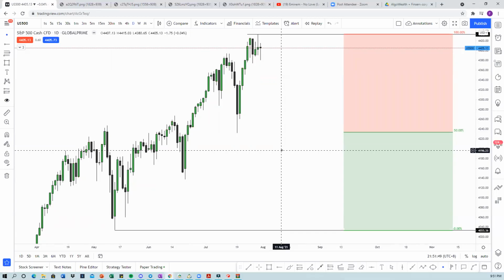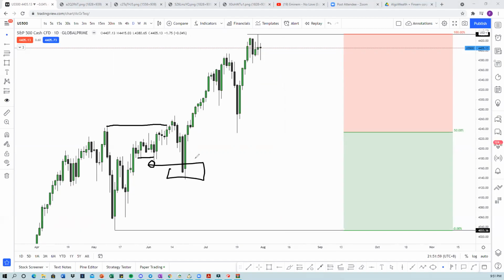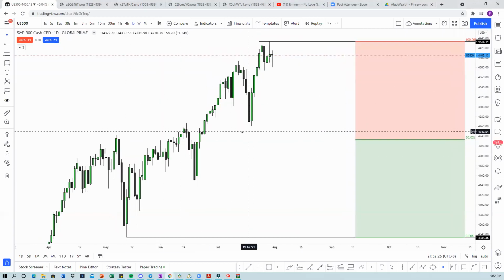So here, strong low taken out and bullish run. Again, strong low taken out, bullish run.